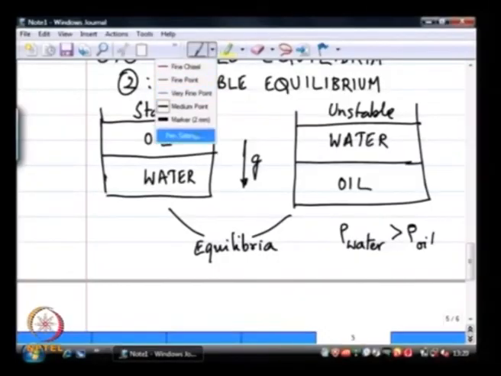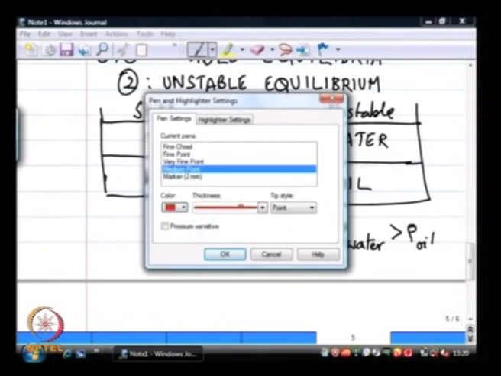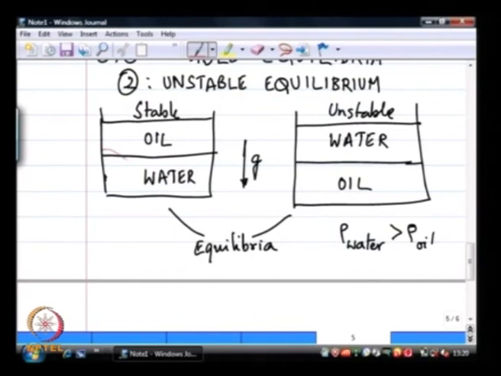So, what is this little shake or jerk doing to the beaker? Essentially what I am doing is taking this meniscus and perturbing it just like that. Now, the top meniscus is also perturbed, but that is less important in comparison to the water oil meniscus.